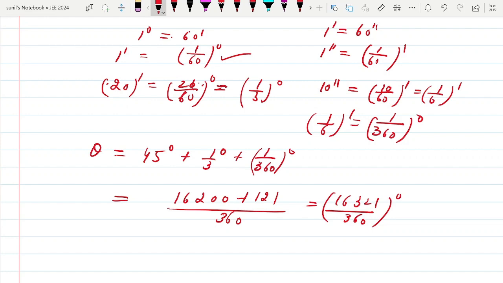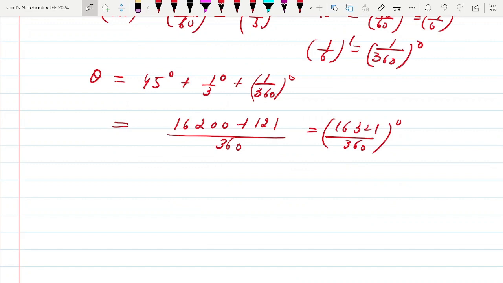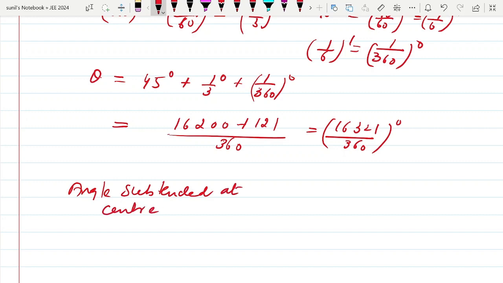Now there is some relationship between the length of an arc of a circle and the angle subtended at its center. What are those relations? Suppose the angle subtended at the center, and I am writing here the corresponding length of the arc.